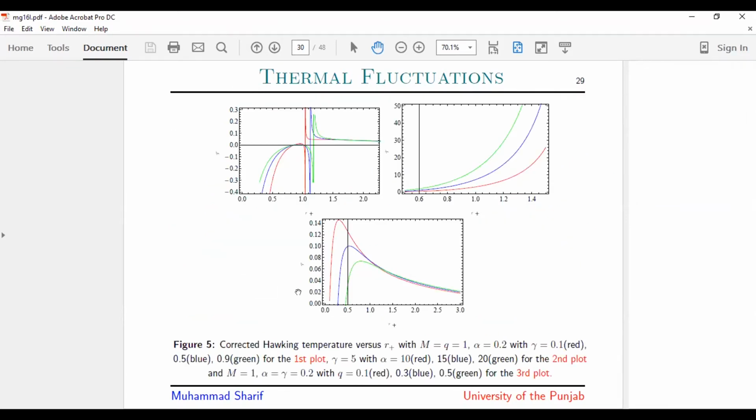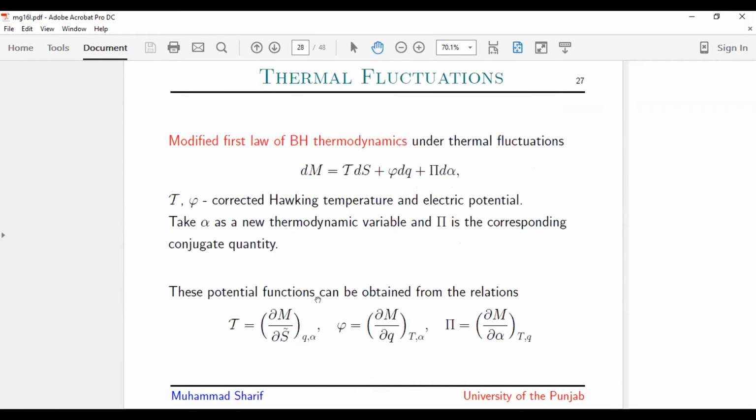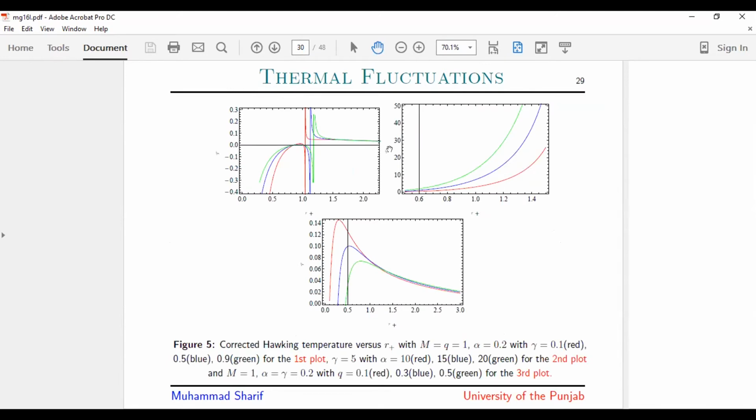Now, I would like to draw the graphs of corrected temperature, and these are the plots. Again, keeping the same philosophy, in the first graph alpha fixed, second gamma fixed, and third alpha and gamma fixed.